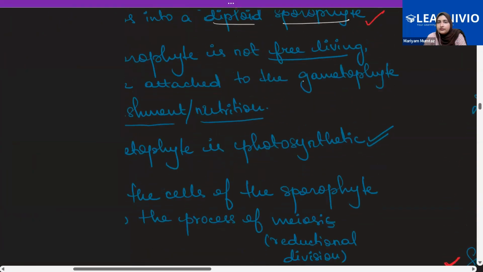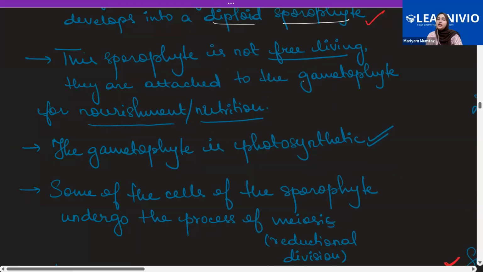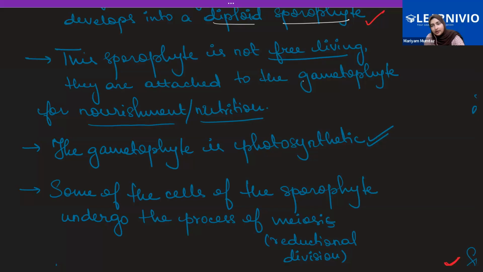See, in the plants or in the kingdom Plantae, the plant body has two types. It can be haploid and it can be diploid. But both of them are found in one plant. It's like stages in their life. So the first stage, the main plant body, is gametophytic, that is responsible for the production of gametes, and it is haploid in nature.